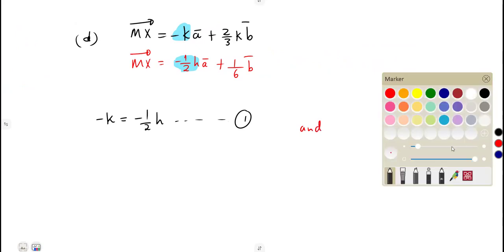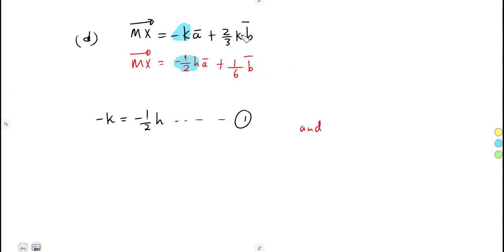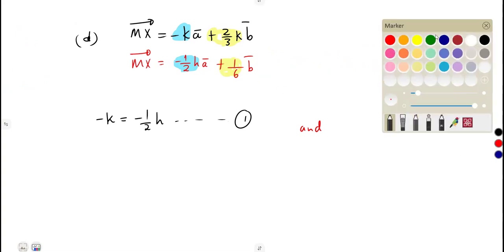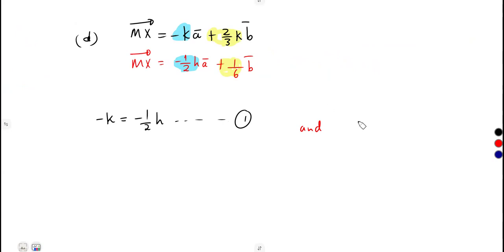From the vector B, you do the same thing. From vector B, the coefficient 2 over 3K, and that's a positive, and this one is a positive. So there, you're just going to take them as positive. 2 over 3K is equal to what? 1 over 6. That's our equation 2.